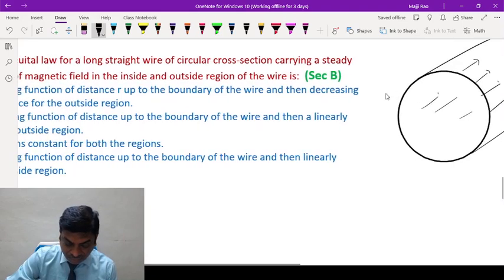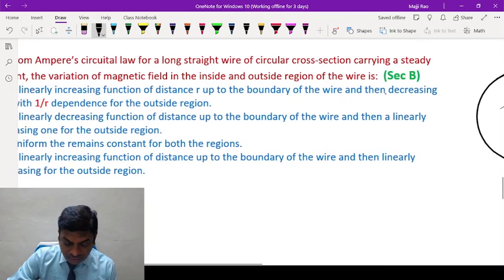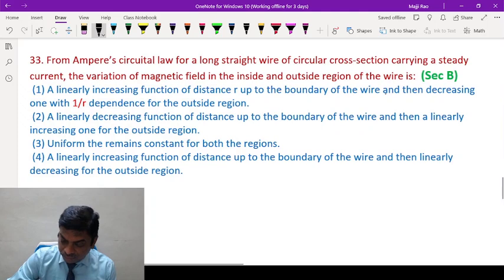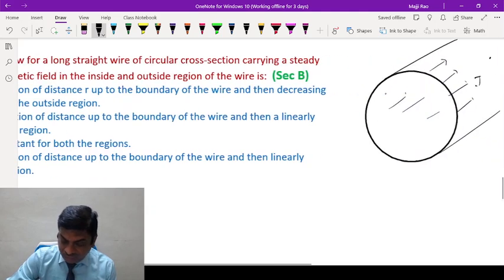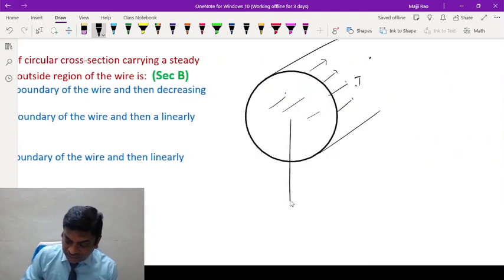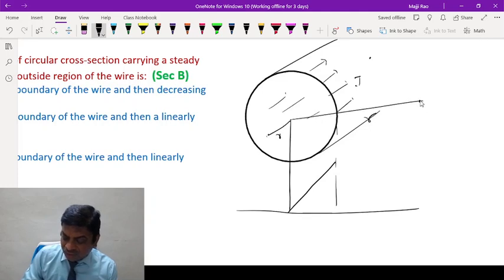Then the variation of magnetic field inside at a distance r, the variation is like this, whereas outside you can apply the same formula as usual.